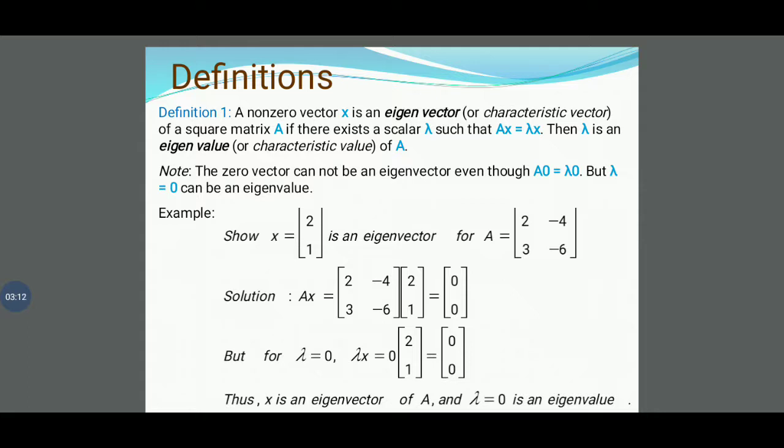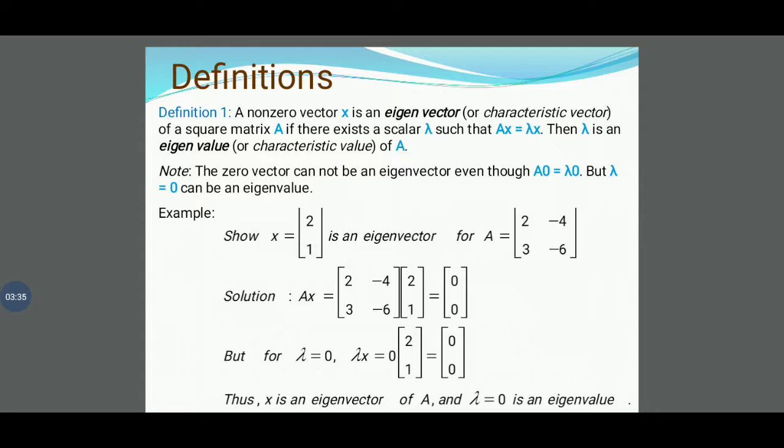We can say that x equal to (2, 1), a non-zero vector, is an eigenvector for the zero eigenvalue lambda. For a zero eigenvalue, that is lambda equal to 0, the corresponding eigenvector is the non-zero vector (2, 1).